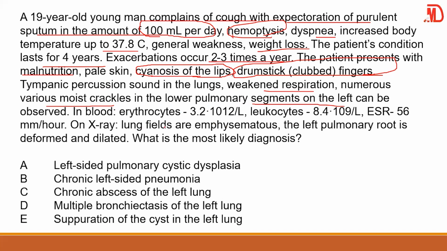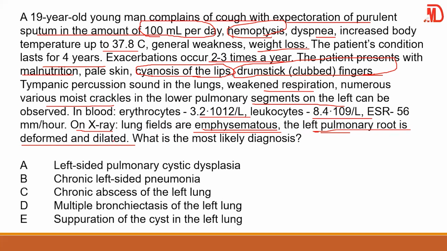Guys, erythrocyte, leukocyte, ESR on examination. On X-ray, the lung fields are emphysematous. The left pulmonary root is deformed and dilated, guys. It is emphysematous. The root is deformed and dilated.